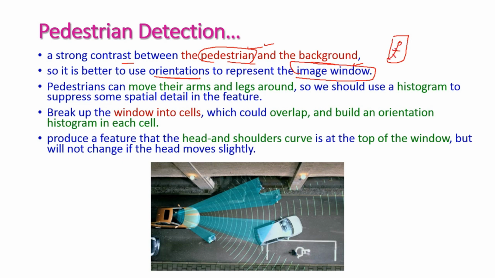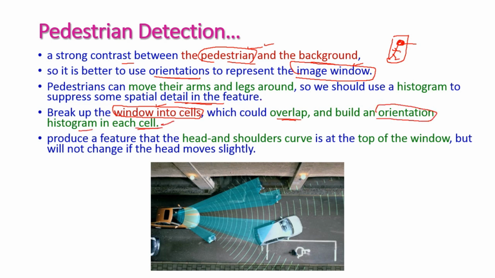In this image window the pedestrian can move their legs and arms, and here we should not worry about the facial features of the pedestrian. So facial detection is not required here. The window will be split into small overlapping cells, and we build an orientation histogram in each cell.